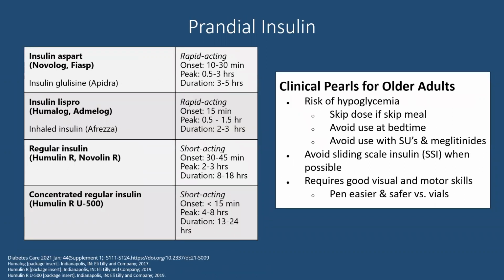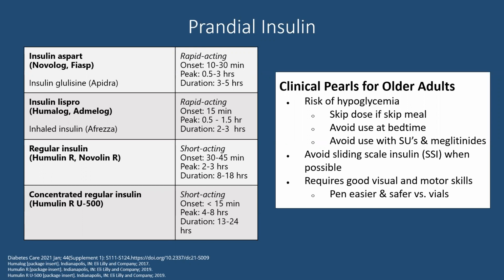So prandial insulin, this is a mealtime insulin. You've got your options of all the short-acting ones and your regular insulin. So traditionally, rapid acting insulin is considered to be a better alternative to the regular, but not necessarily in an older adult, because you have to be pretty organized with your rapid acting insulin to get up, inject it, and then eat within 15 minutes of injection.